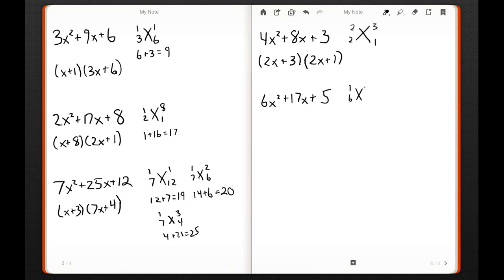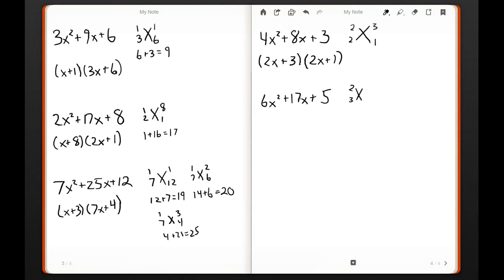Put the 1 there, that'd be 6. Then we put the 5 there, that would make 11, so that's too low. So it's not going to be 1 and 6. It has to be 2 and 3.